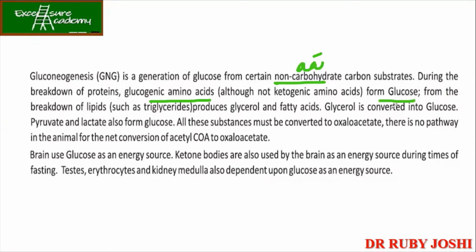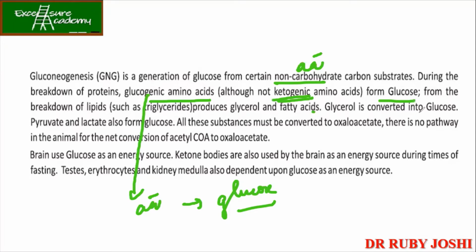You will understand this more once we go through the entire gluconeogenesis, what we mean by glucogenic amino acids. Glucogenic amino acids are those amino acids which go for the synthesis of glucose. The ketogenic ones will go for the synthesis of ketone bodies. The breakdown of lipids such as triacylglycerides produces glycerol and fatty acids. Glycerol is then converted to glucose. Pyruvate and lactate also form glucose.